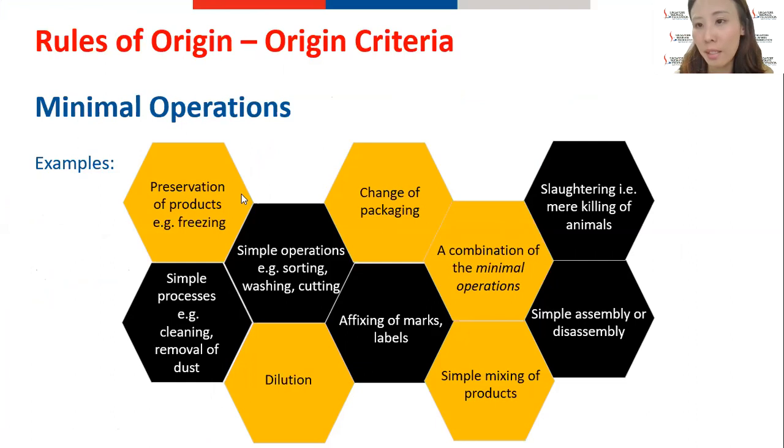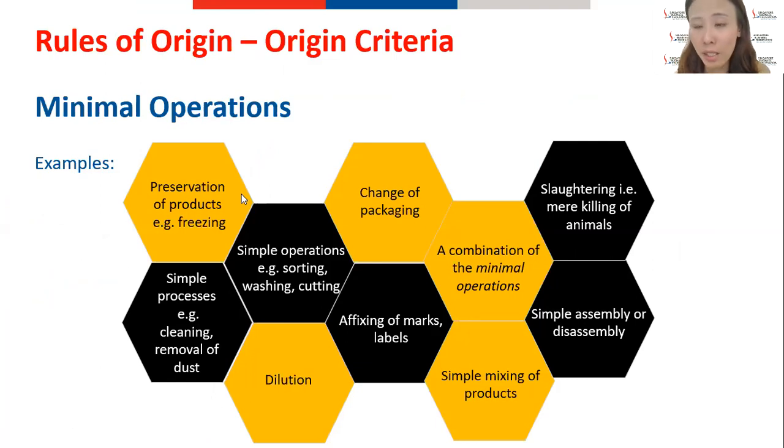Over here, you can see these are some examples of minimal operations for the FTA. If your production process are of any or a combination of these processes, it is actually deemed to be too minimal and not substantial enough to qualify for FTA, even if it can meet the origin criteria of value add or change in HS, change in classification rules.